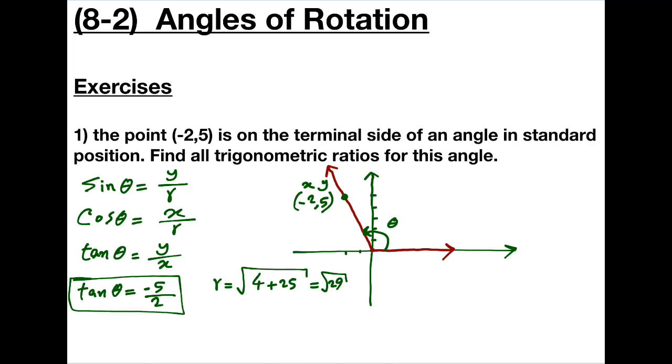So what do we have here: sine of theta equals y, which is 5, divided by r, √29, and cosine of the angle equals -2 divided by √29. You can go ahead and rationalize the denominators of these fractions, and that would be a right way to go.